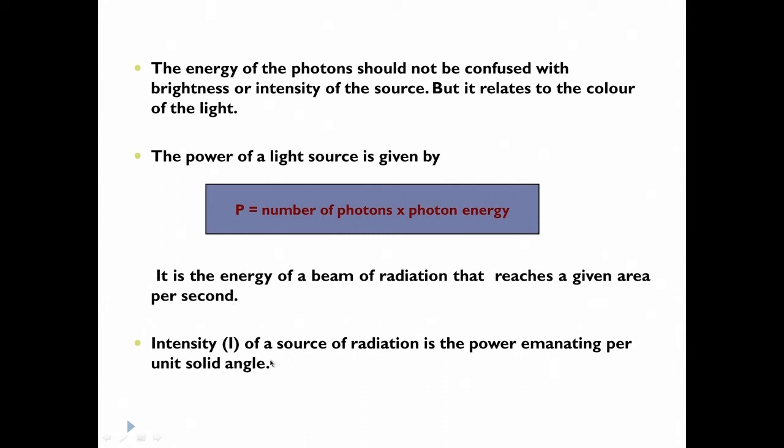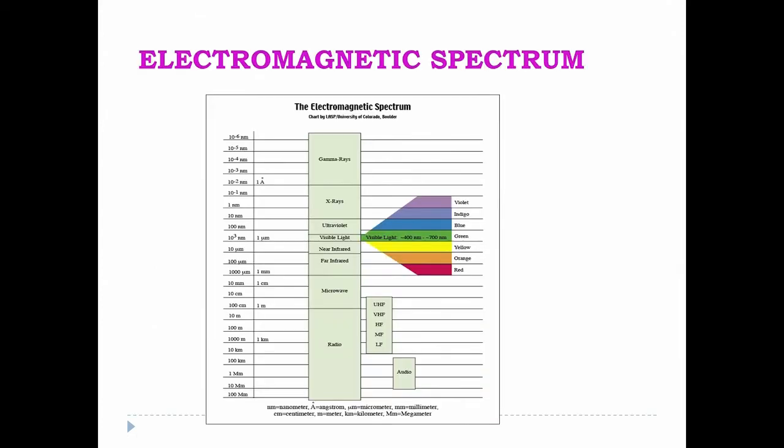So, the intensity I of a source of radiation is the power emanating per unit solid angle. A light containing ultraviolet radiation may not be visible to you at all, but if it is blue radiation it will be visible.